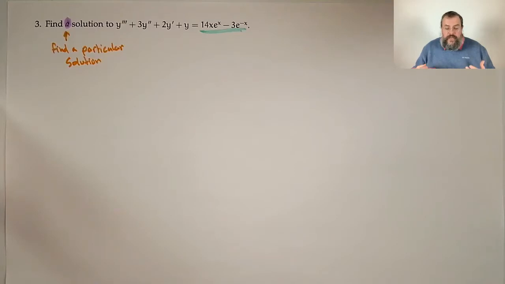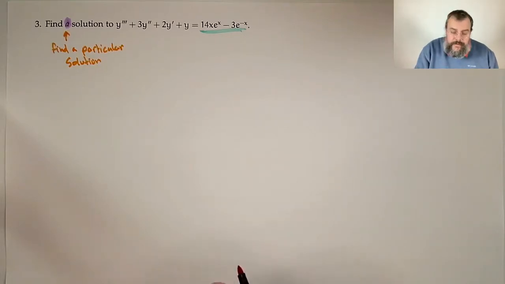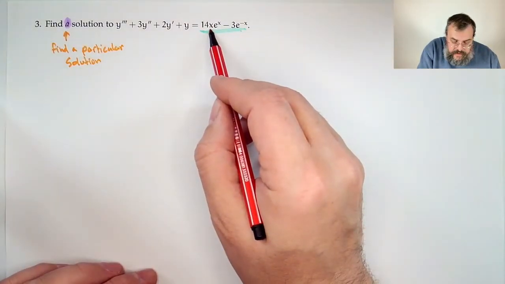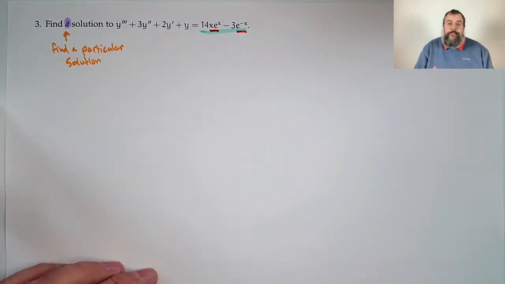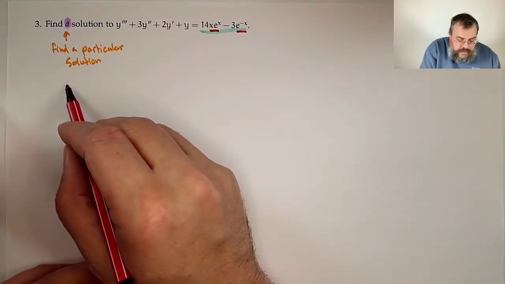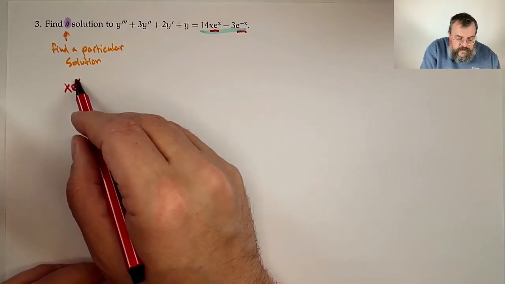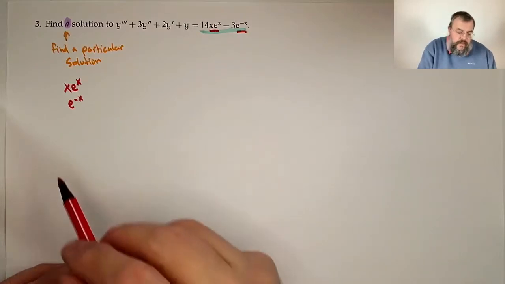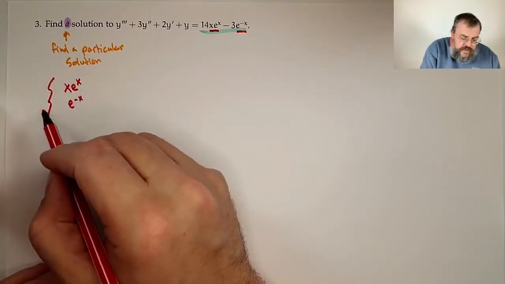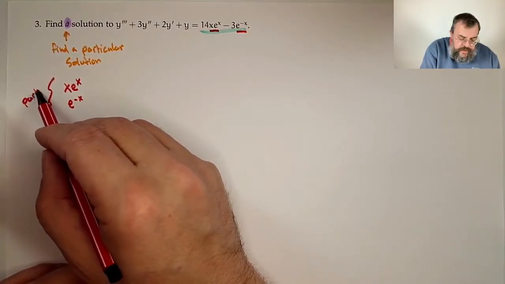We look at the pieces that currently are on our right-hand side, and there are two pieces: x e to the x and e to the minus x. We say, all right, great. These are the parts that we're going to be putting together.